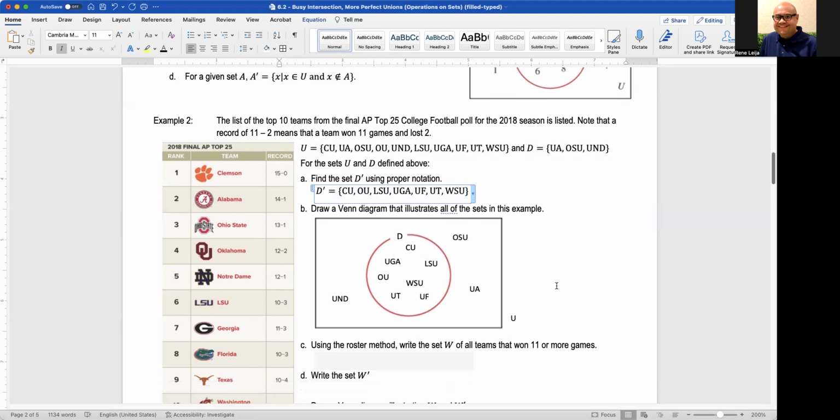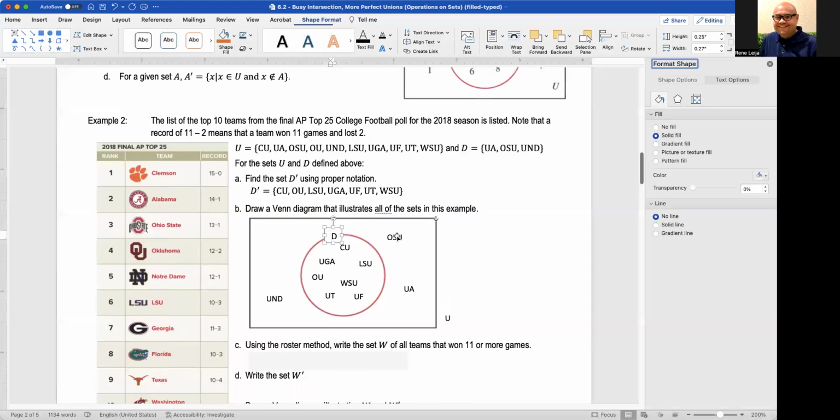Now, when we draw the diagram, we draw a Venn diagram that illustrates the set. So my universal set is all of this. So in D, oh, I messed up. This should read D prime. So that's an easy thing. D prime.